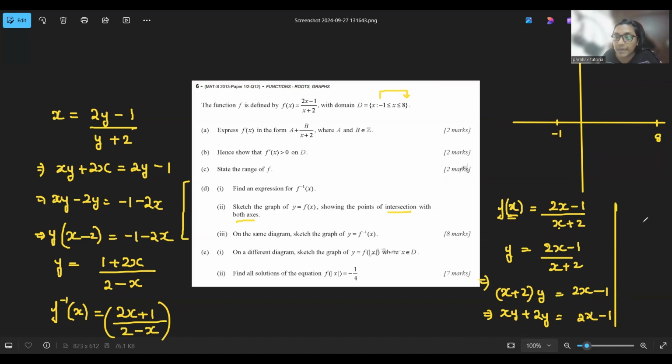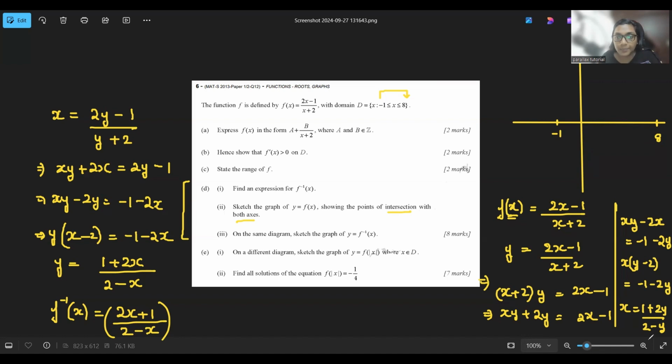We are trying to make x the subject here. So xy minus 2x would be minus 1 minus 2y. x into y minus 2 would be minus 1 minus 2y. x would be 1 plus 2y by 2 minus y.